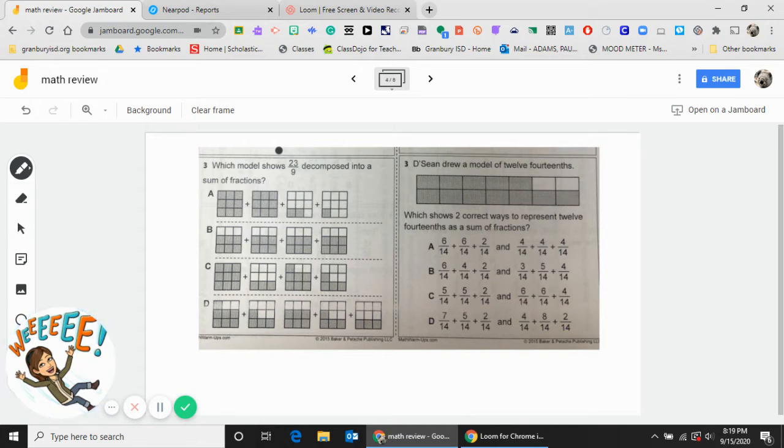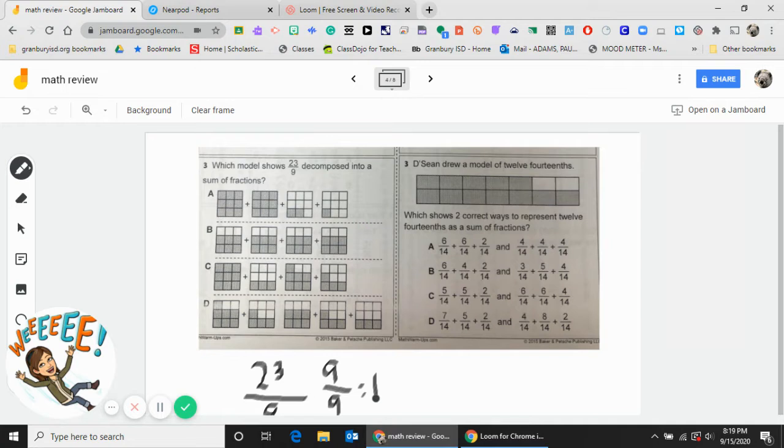Let me show you something. So if we have 23/9, okay? First of all, you got to ask yourself, how many ninths make a whole? If you count these up, 1, 2, 3, 4, 5, 6, 9 shaded over 9 total pieces equals 1 whole, right?